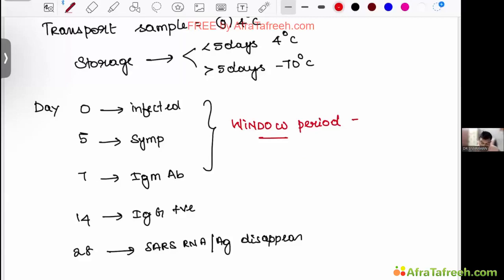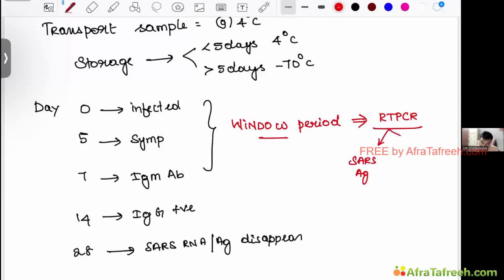During this period, the investigation we can prefer is RT-PCR for the SARS antigen, that is COVID antigen, and RNA. So the first 7 days is called your window period, and the investigation is RT-PCR.